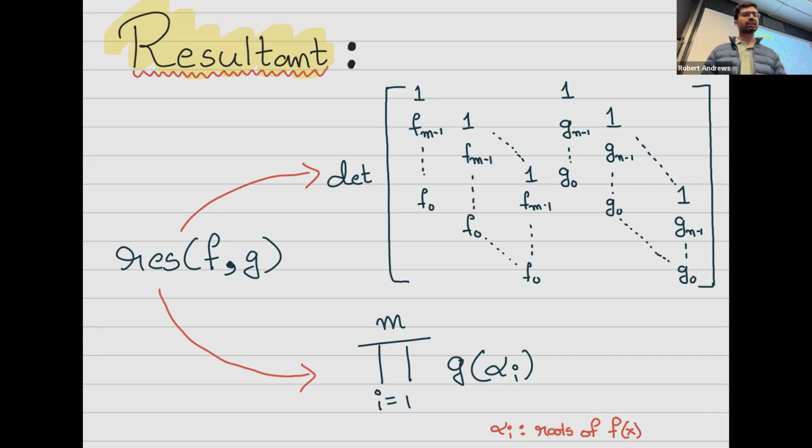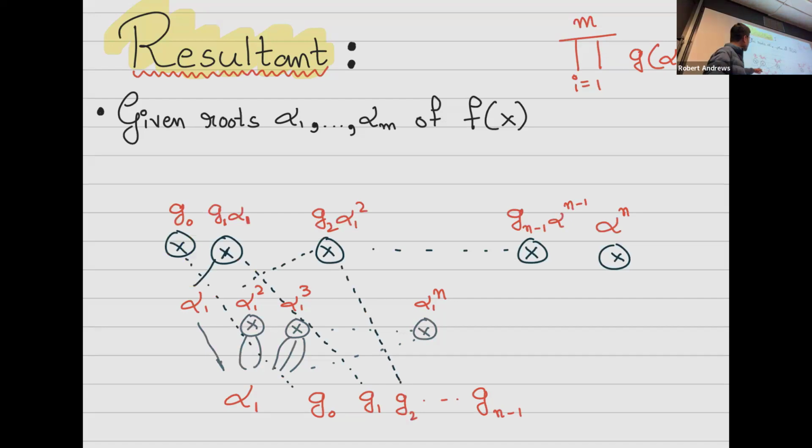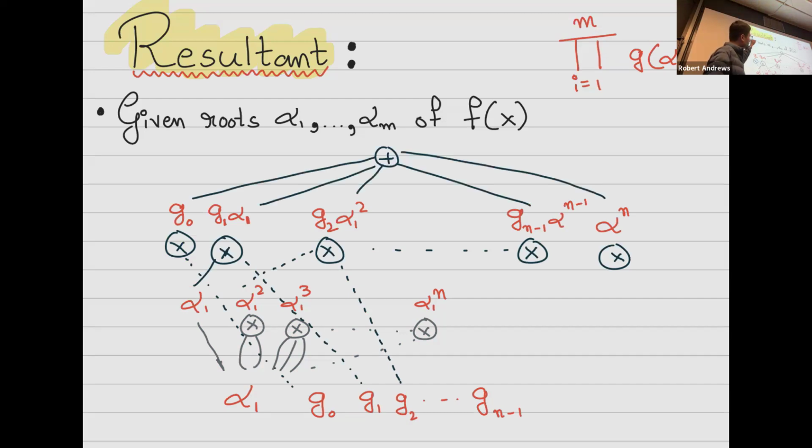And that is actually not that hard to see. So maybe I'll be explicit about it and give you a circuit. If I'm given roots alpha 1 up to alpha m of f of x, first I would like to compute g of alpha 1. Given alpha 1, I can have some multiplication gates to compute all the powers of alpha 1, and then compute all the corresponding coefficients with the multiplication gates, and an addition gate at top to compute the polynomial.